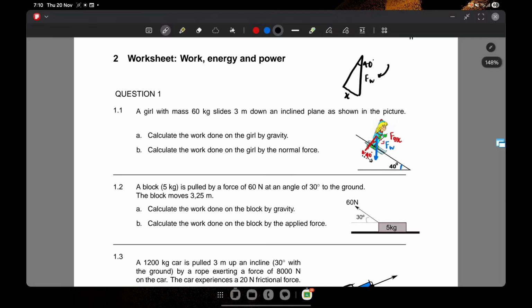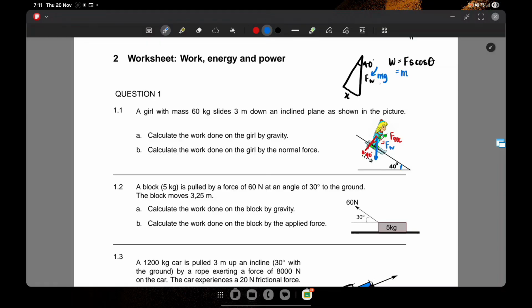Alright, so how we're going to find this now is in our data booklet. There's an equation where work is force times distance times cos theta. This is in our data booklet. But we're going to change it a little. I'm going to replace the force with mg.